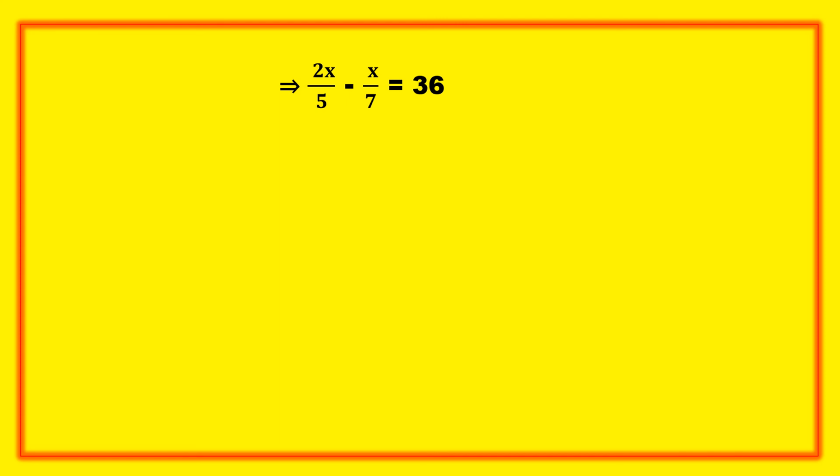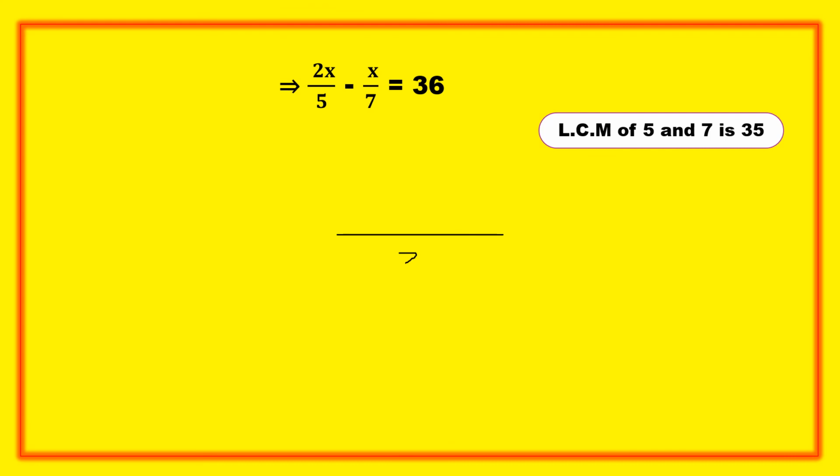Let us take the LCM of 5 and 7. It is 35. While taking the LCM, just remember two things: one is MN and one is DD. First do the DD. DD means divide the denominator into the LCM.